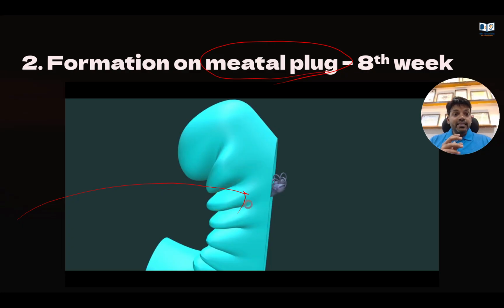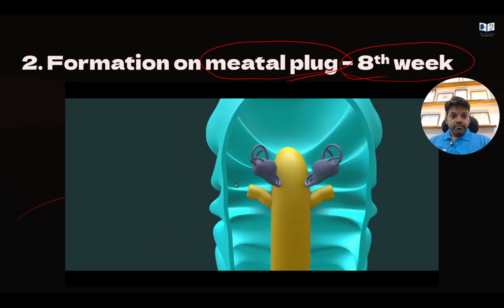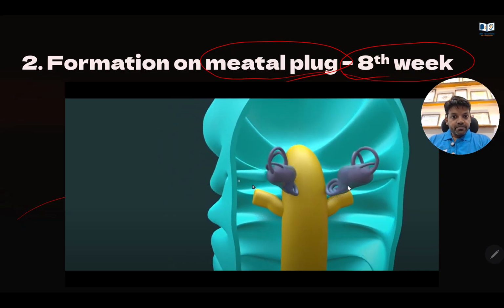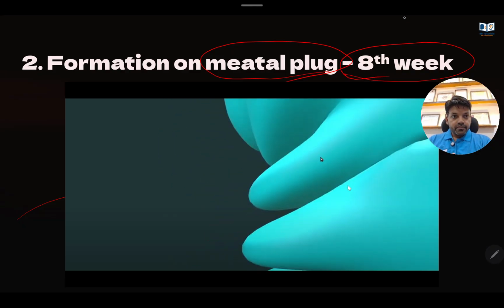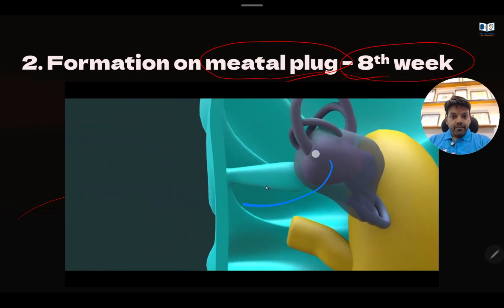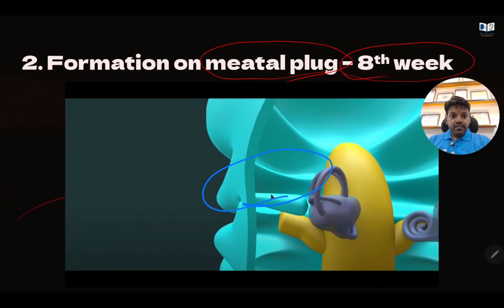Right now, by the 8th week, a depression is created here and it develops into a meatal plug extending inside towards the center. Now this is like the top view of the same pharyngeal arch. From inside you can see the meatal plug getting extended.